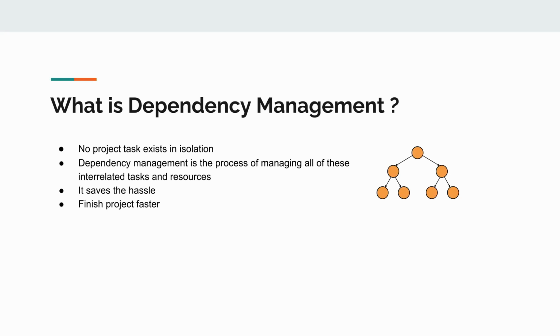But then let's say you want to write a function that is using third-party packages or modules in your project. So that's another external dependency that you'll be using in your project. So no project is isolated or standalone on its own.